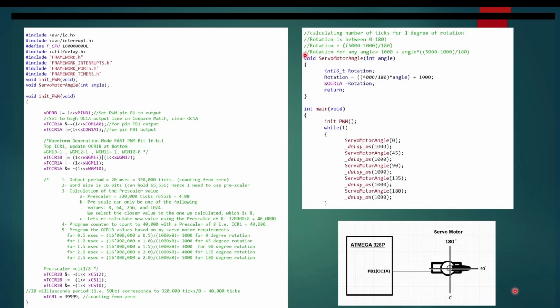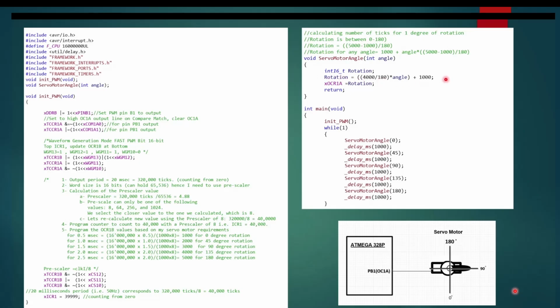Next, we have the servo motor angle routine. This routine has as an input an angle. So what this routine does is going to calculate the number of ticks required to place the servo motor at the particular input angle.